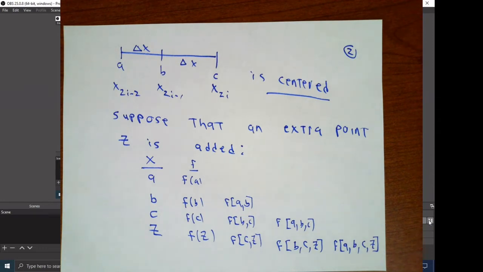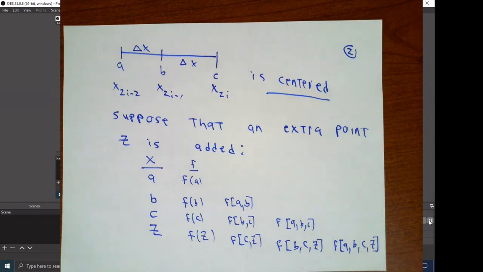The polynomial used in interpolating to get Simpson's rule is based on this for its constant coefficient, this times x minus a, this times x minus a times x minus b. With the addition of this point z, we'll just have an extra term, f bracket abcz times x minus a, x minus b, x minus c.